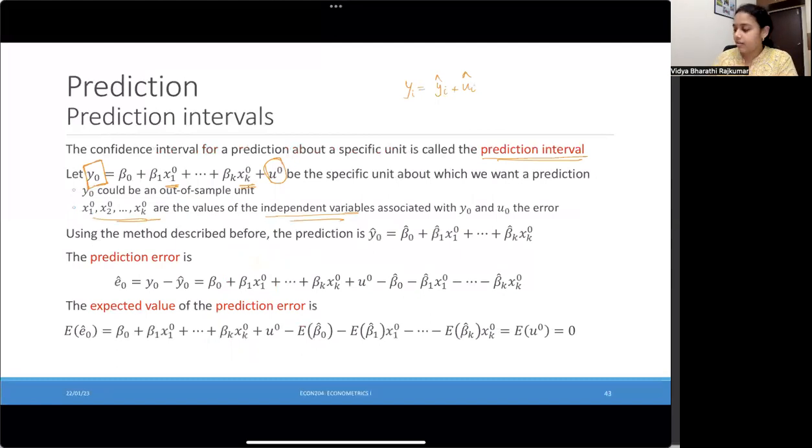We first predict the y value for those x values using the regression line. And then we see what the prediction error is, which is the difference between the actual y value and the predicted y value. I'm going to call that e naught hat. So that is just the actual minus predicted.